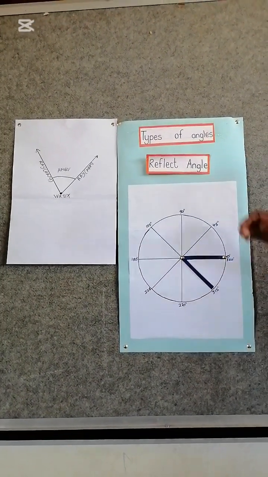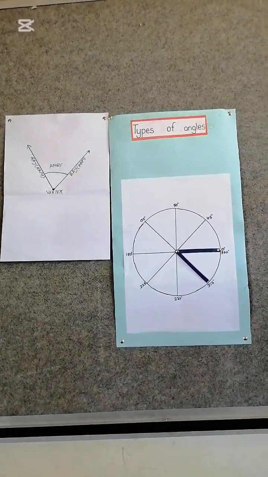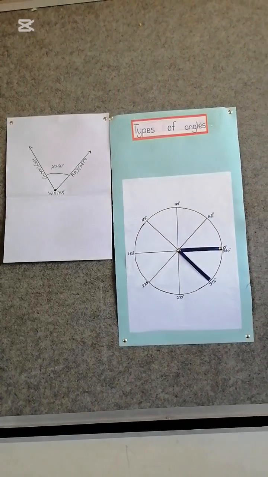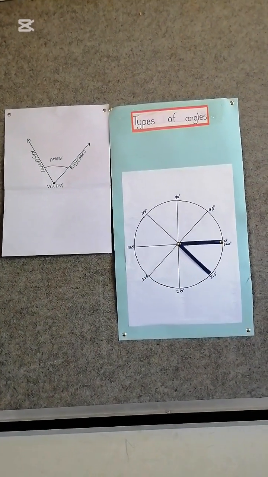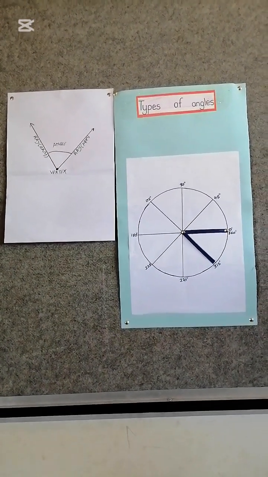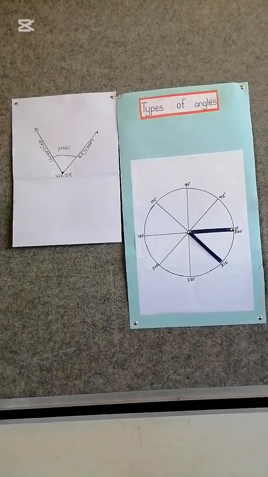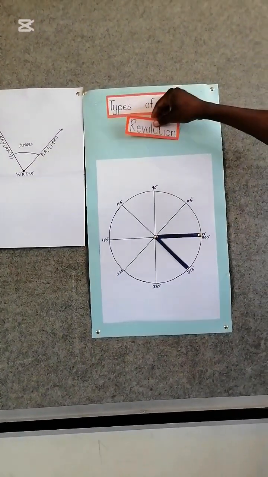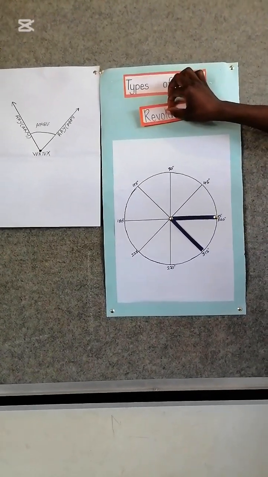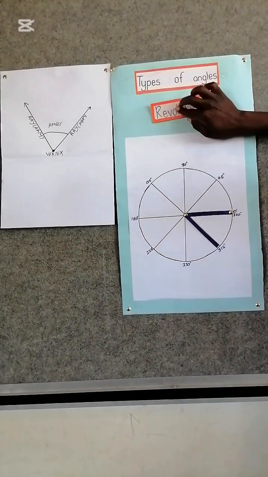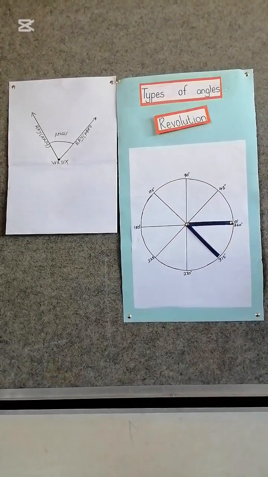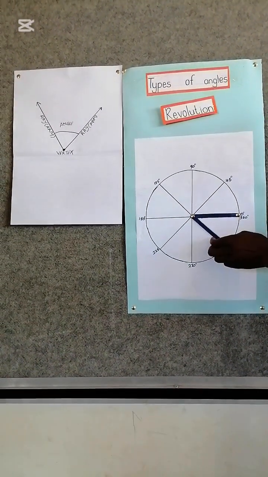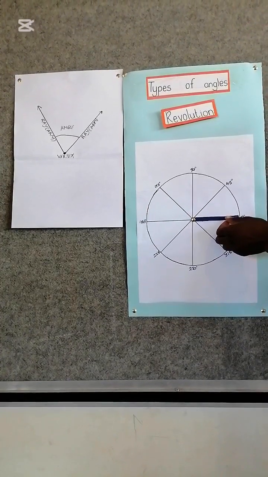Then from here we will go straight to our last angle, which is a revolution. I will use the word revolution, as it is the one that is well known. A revolution is an angle that is equal to 360, which means we will have to put it here.